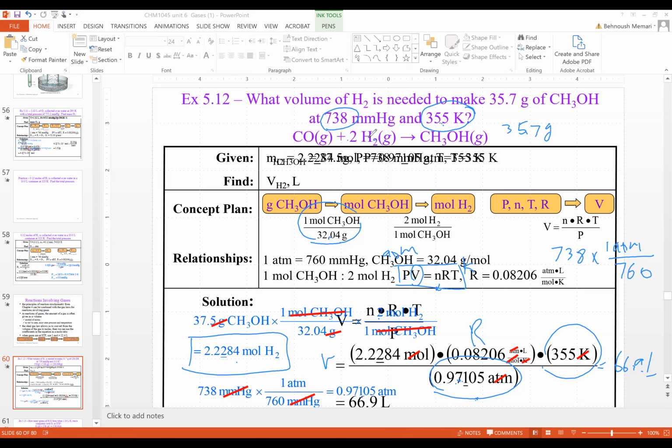We found the number of moles of hydrogen, because that's what we are looking for. Then we answer the question. If we have the number of moles of the gas, we can use the ideal gas law to find the volume of the gas. If you have the number of moles of gas, you can multiply by the molar mass to change that to the mass of the gas. So you can answer the question based on that.